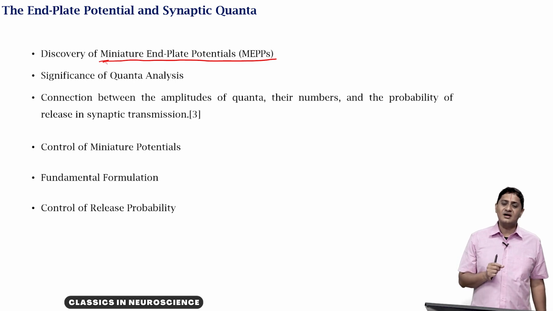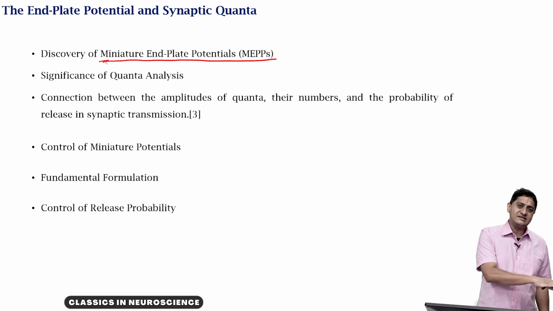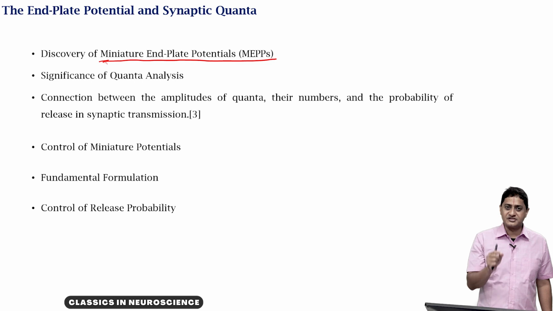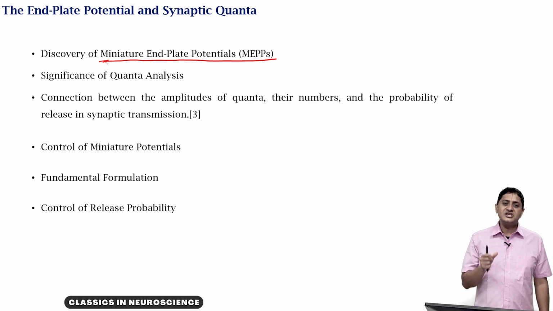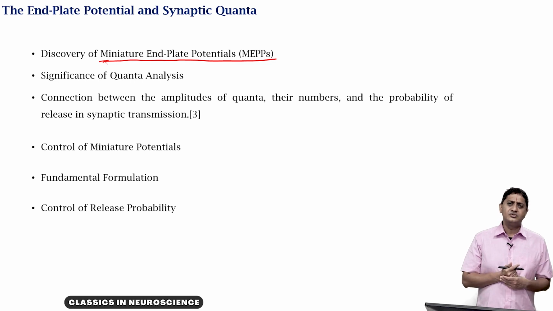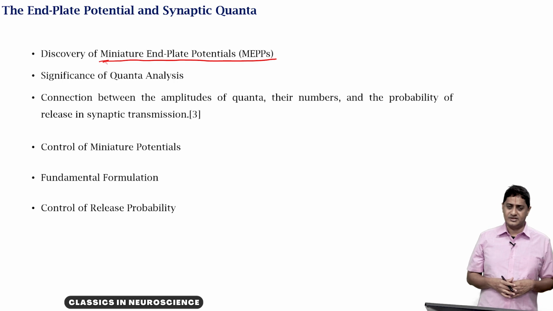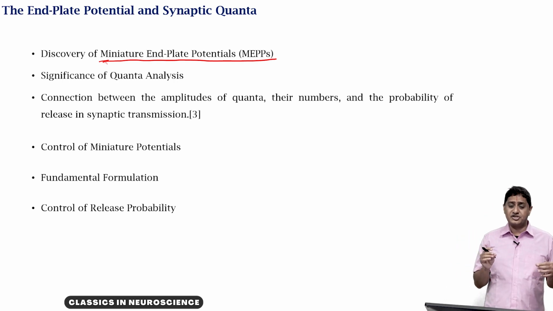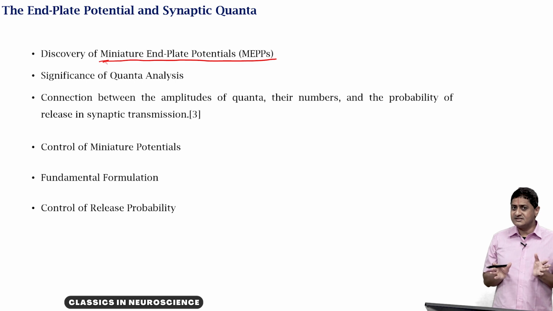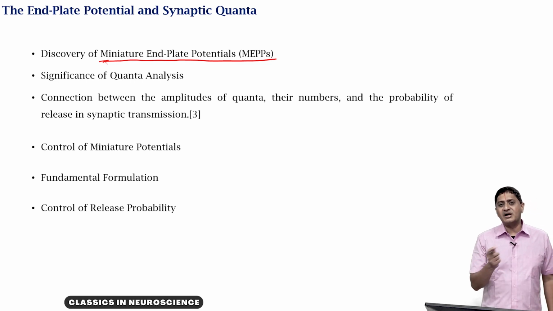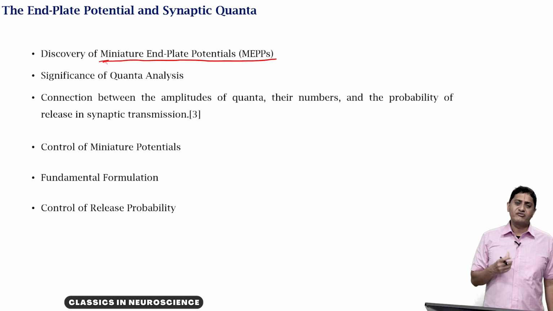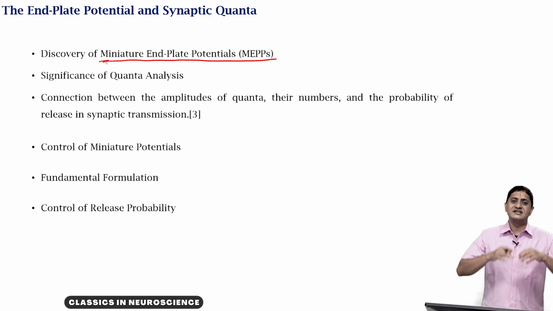This is not the amount of potential change that would be reflected in the postsynaptic cell due to one molecule of acetylcholine, but rather the end plate potential that happens due to one vesicle. Remember, one vesicle can contain thousands of molecules of acetylcholine. This is the smallest unitary change. When a vesicle releases, it does not take back half of its quantum of acetylcholine; it releases the whole quantum.